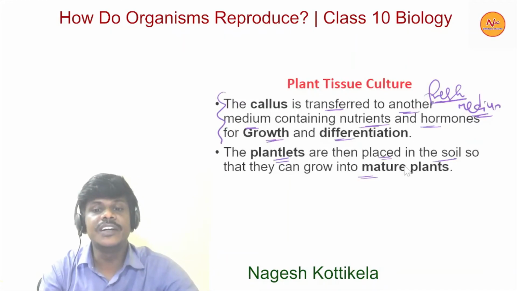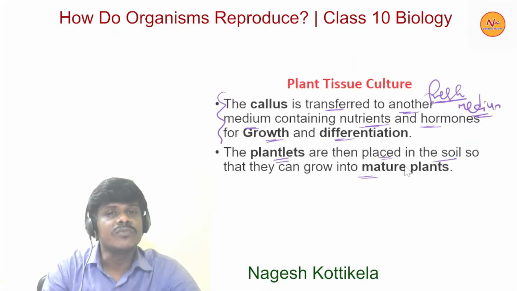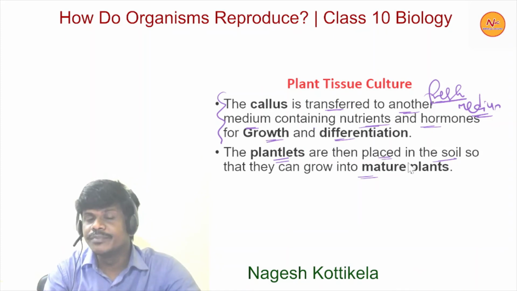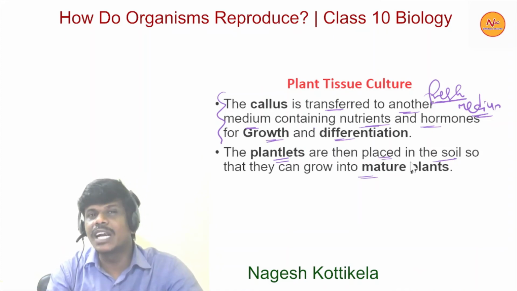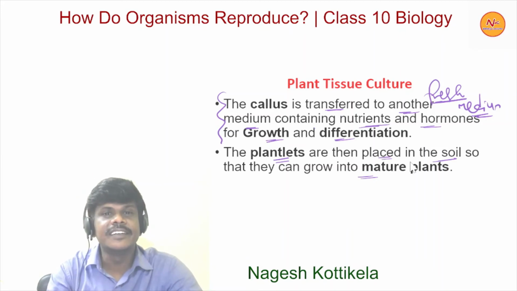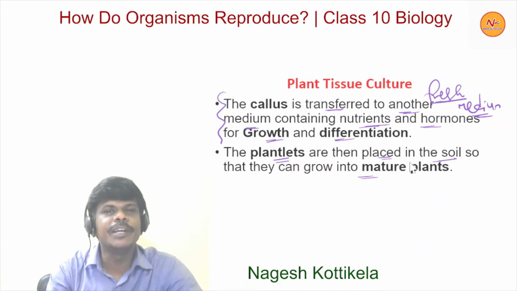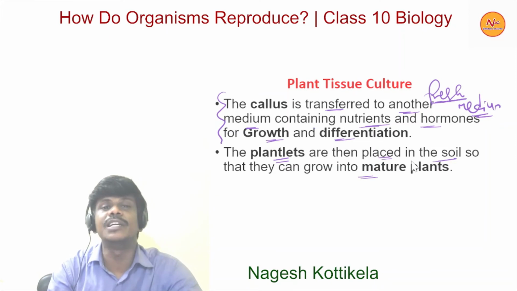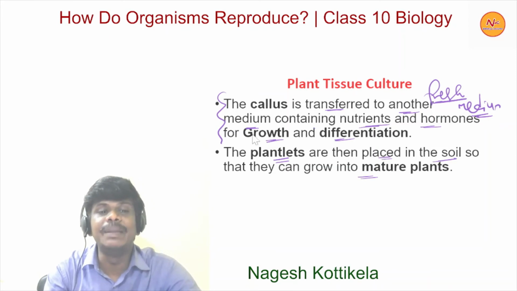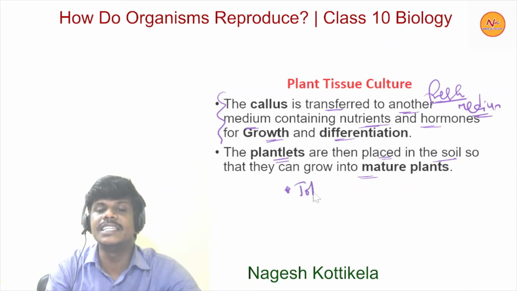So here within a short span of time, a large number of plants can be produced, and here the parts of the plant like explants can be cells or tissues, and by using these cells or tissues a whole plant can be produced. And this ability, one of the very important words, this ability is called totipotency.